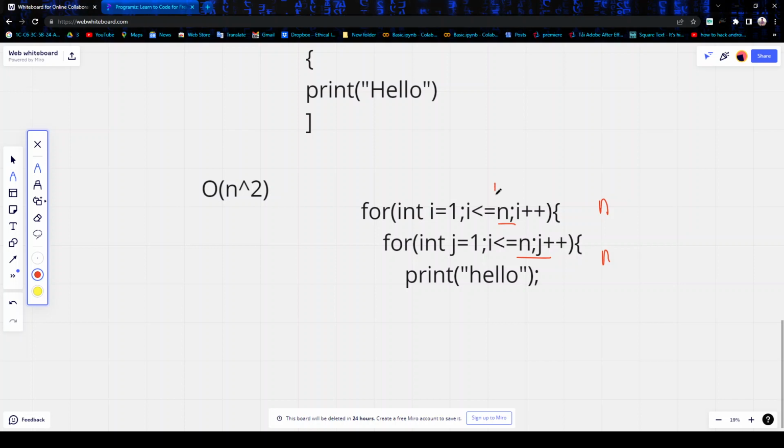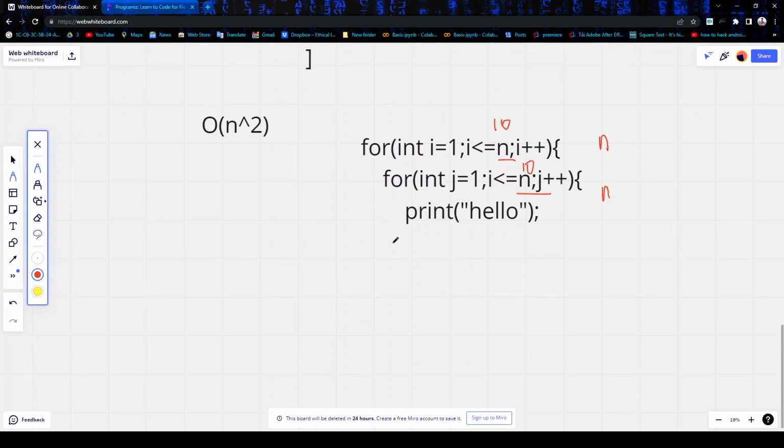Let's just take an example. Let's say n is equal to 10, and here n is equal to 10. For each particular n, let's say for i is equal to 1, I am writing the values of i and the values of j here, and the total here. If i is equal to 1, j will go from 1 to 10, so the total number of values will be 10.